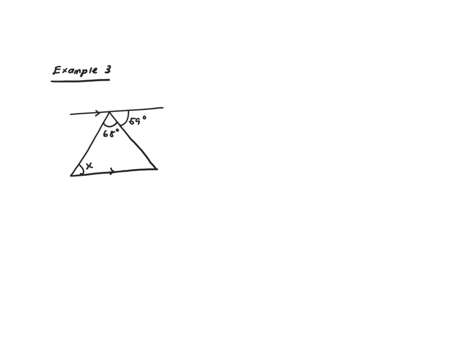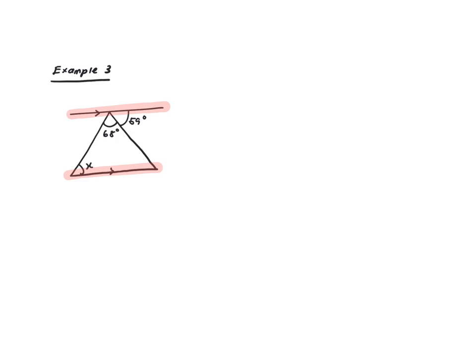Now let's have a look at this example. This is slightly different because it involves parallel lines. So which are the parallel lines here? If you can see, this and this are parallel lines. So we can apply the concept of angles in parallel lines.